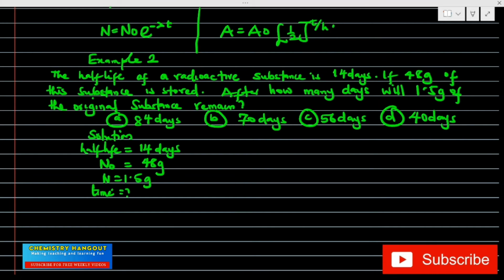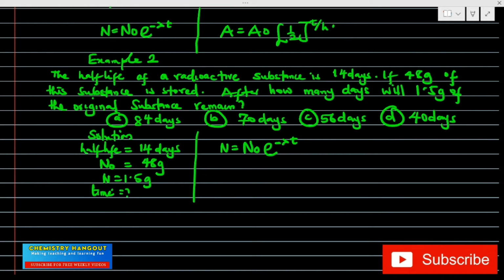Okay, so let's solve using this now. We have that our N is equal to N naught exponential minus lambda t.